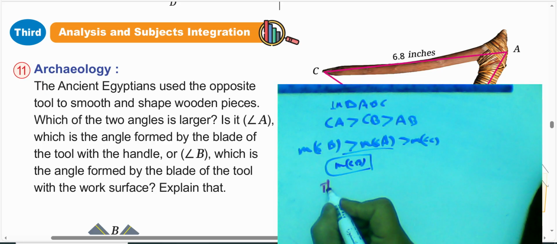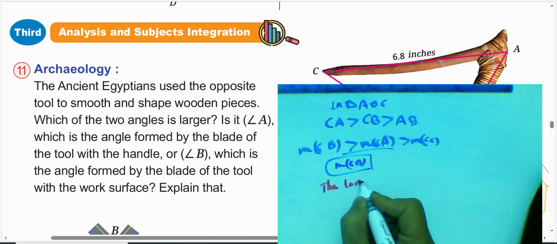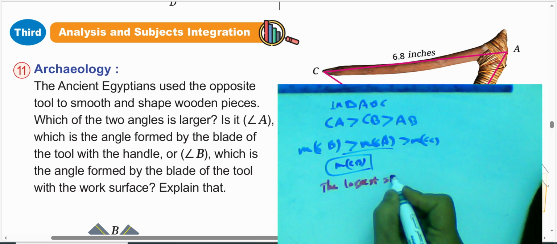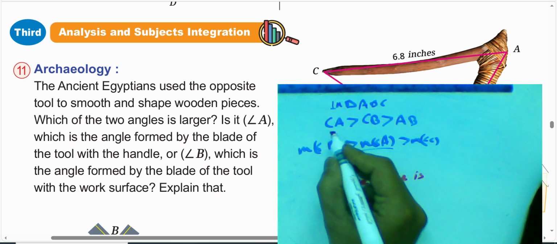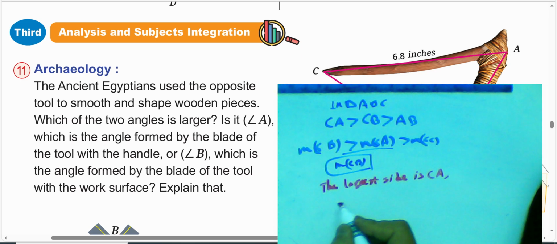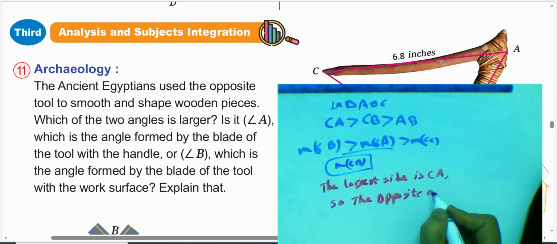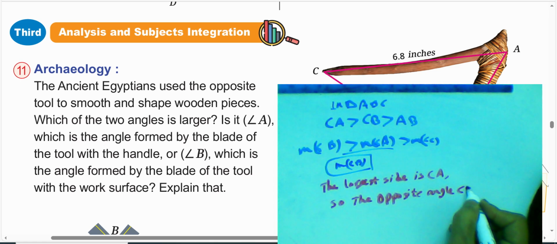We can write that the largest side is CA, so the opposite angle B is the largest.